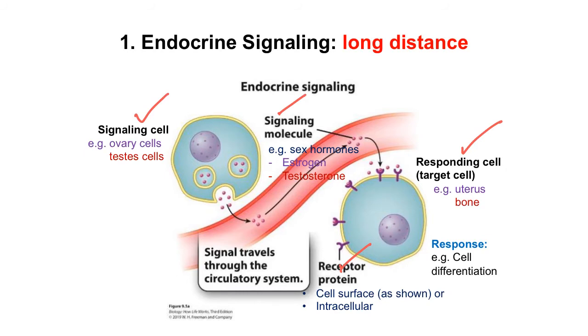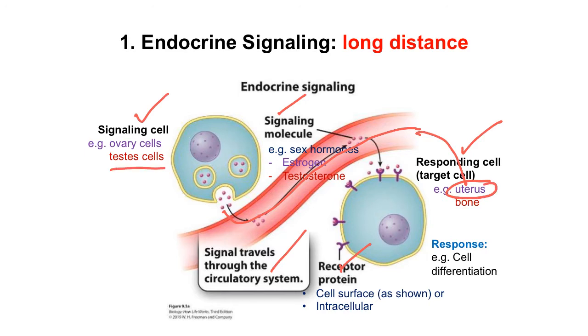And so in endocrine signaling, the signal molecule travels through the circulatory system, so it has to travel great distances in the body. So for example, from ovary cells, certain sex hormones must travel through the circulatory system in order to reach their target, which in one example would be the uterus in females.